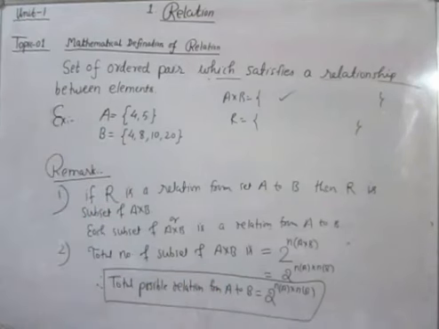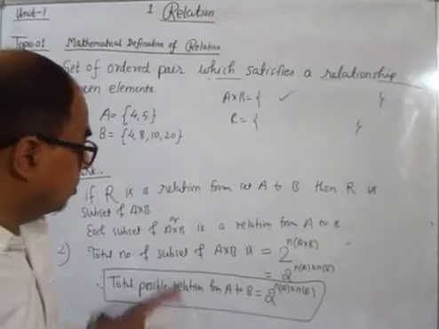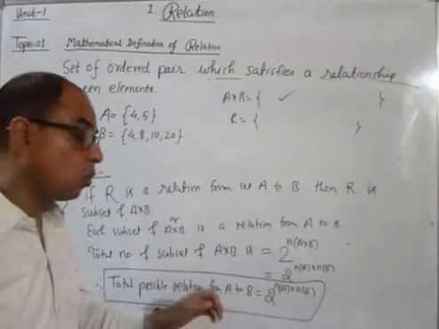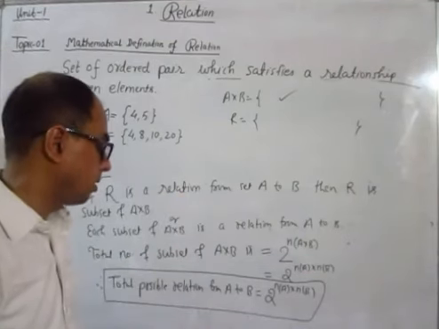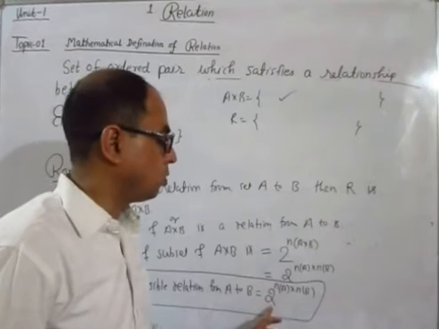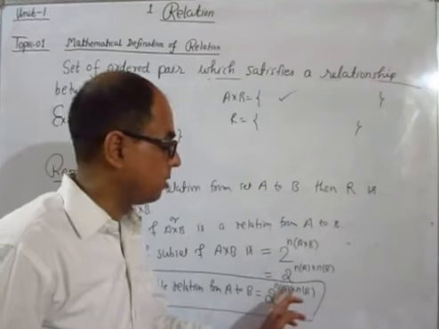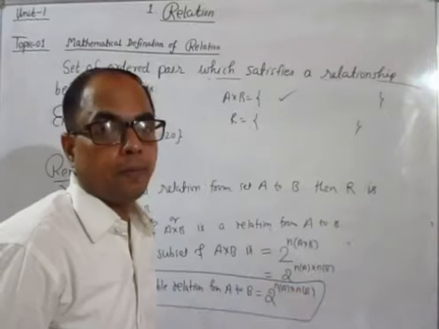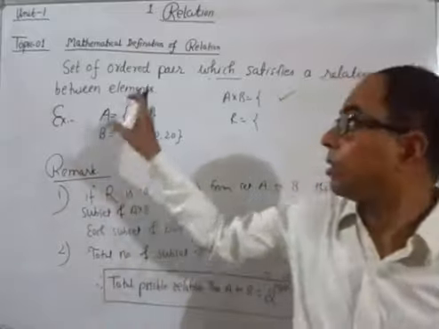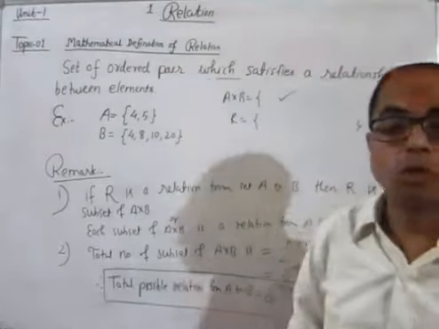Questions can be asked from this formula. Always remember, if A is one set and B is another set, then the total number of possible relations that we can make from A to B is 2 to the power number of elements in A into number of elements in B. So this is all about this first topic, the mathematical definition of relation.